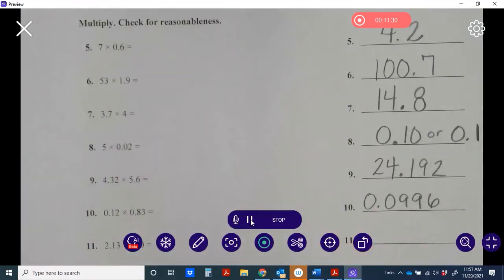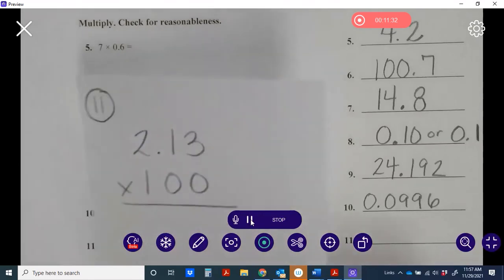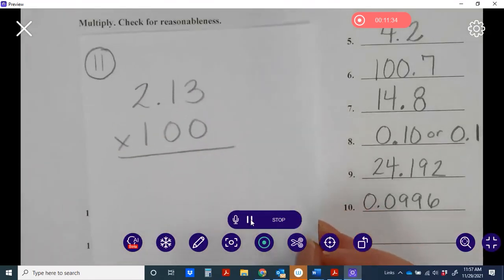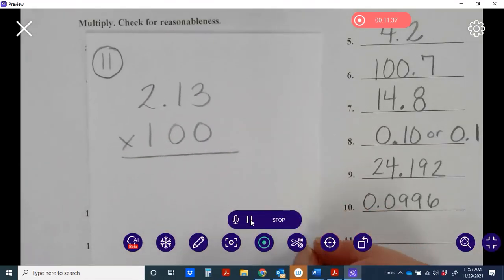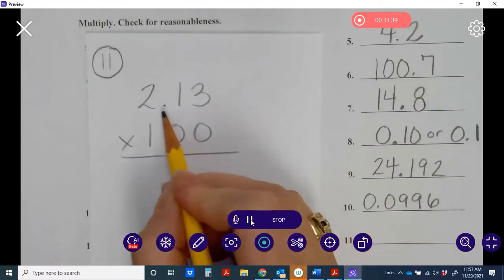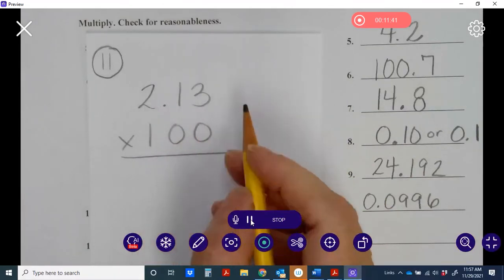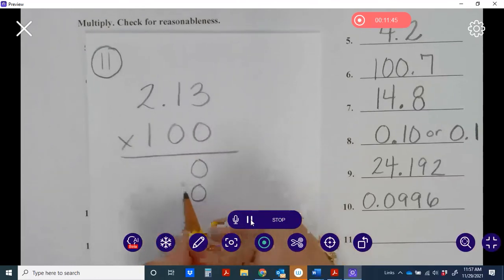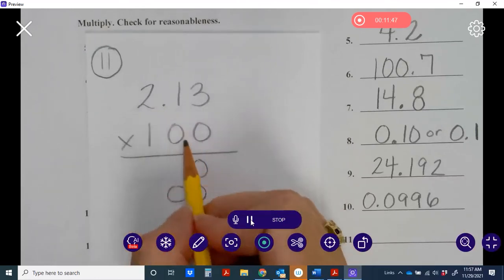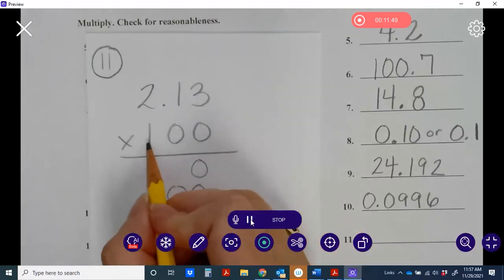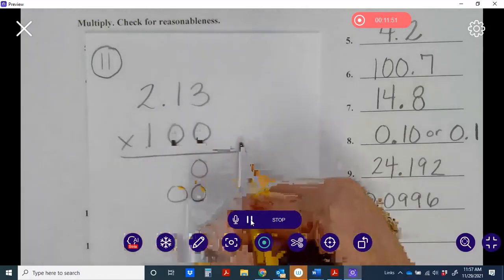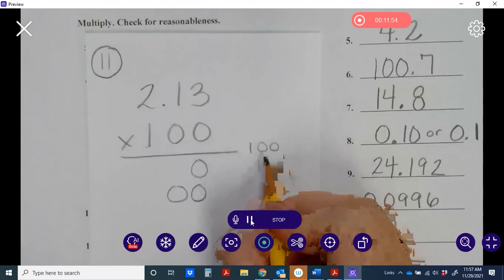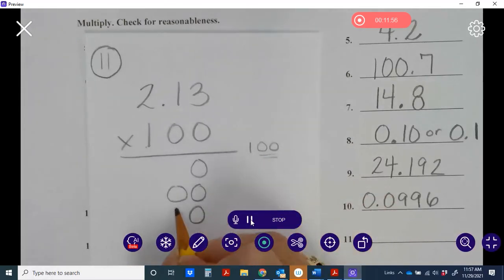All right, question number 11, okay? All right, so 0 times 213 is 0. Now this would be 0, 0, okay, because there's 2 zeros. So here, for this number here, this is actually 1 with 2 zeros after it, okay? So that means we have to have 2 zeros.